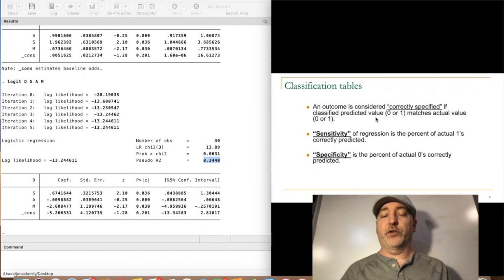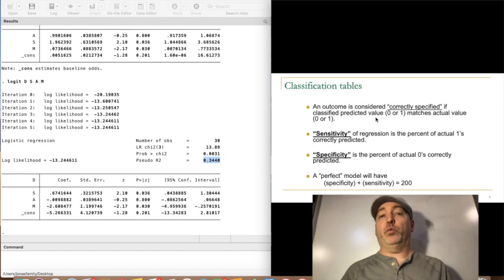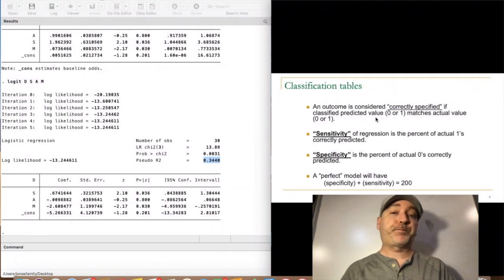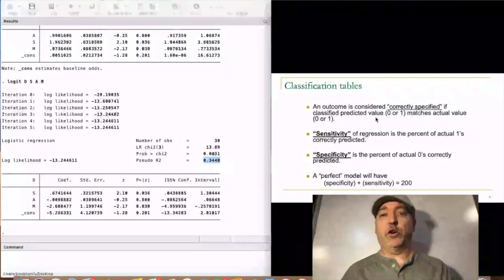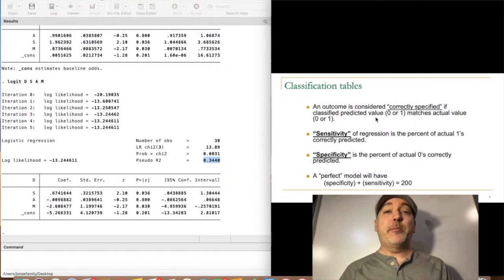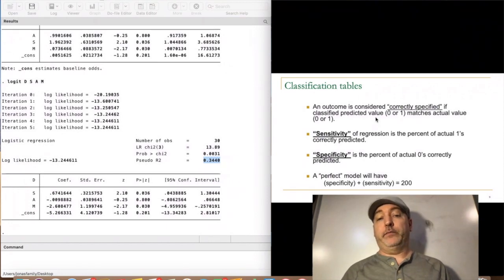What percentage of those observations did we get right? So a perfect model would have the sum of sensitivity plus specificity of 200%, right? So think of that as equivalent to a 100% R squared in OLS. Highly unlikely, but the higher those numbers get, the better our model did at, again, classifying those outcomes.